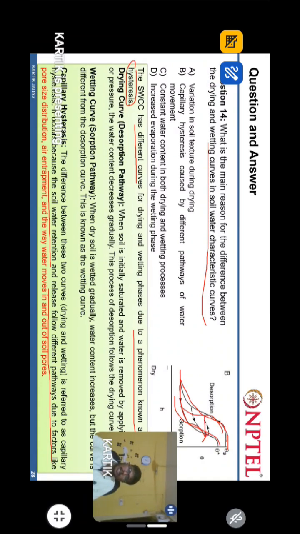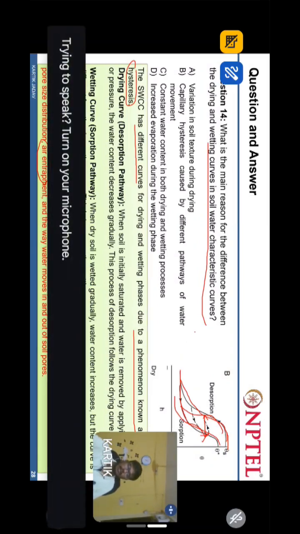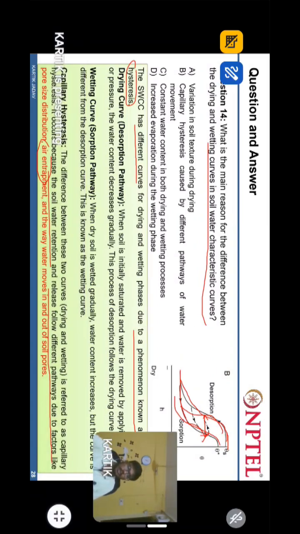This difference is governed by the pore size distribution of the soil, meaning what kind of pores it has, then the air entrapment property of that soil, and the way water moves in and out of the soil, meaning the rate of water we are injecting. So our answer is that capillary stress is caused by different pathways of water movement. The correct answer is D.